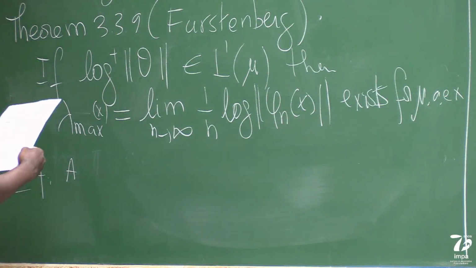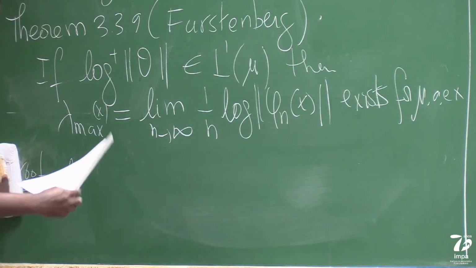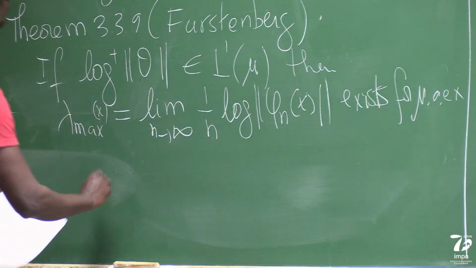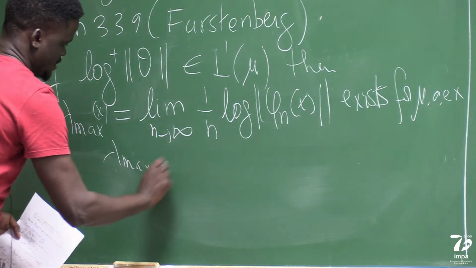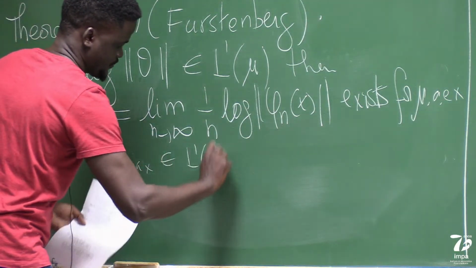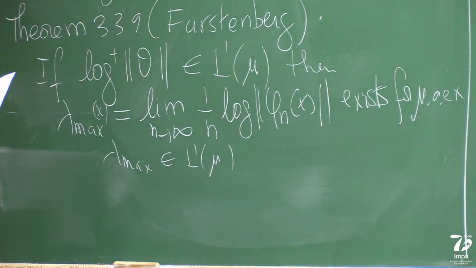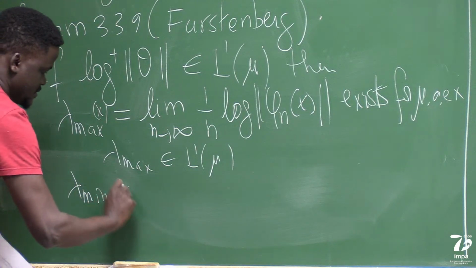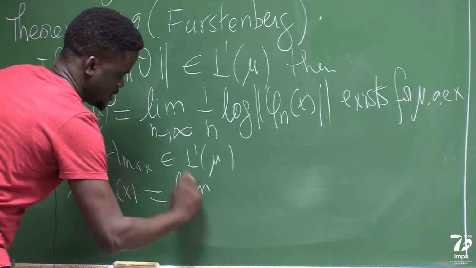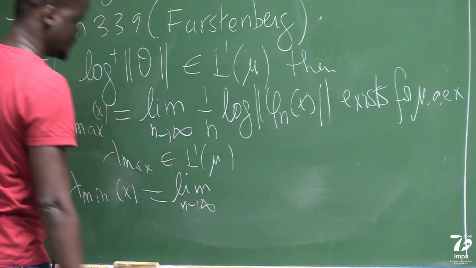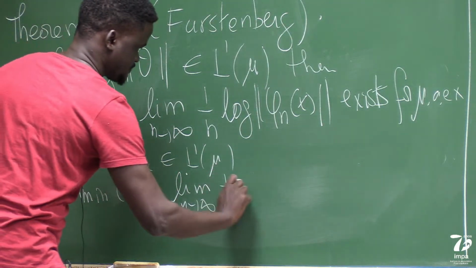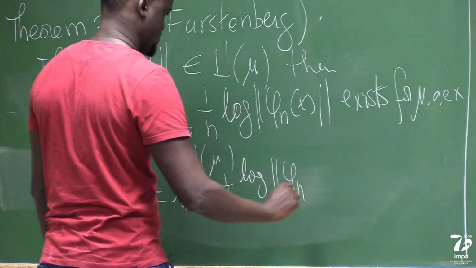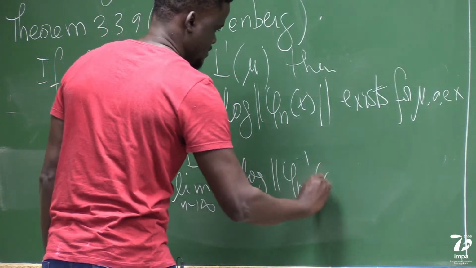I did not finish the theorem. This function lambda max is also in L1(mu), and also you have lambda min, the minimum Lyapunov exponent, for 1 over n log of the norm of phi n inverse of x.